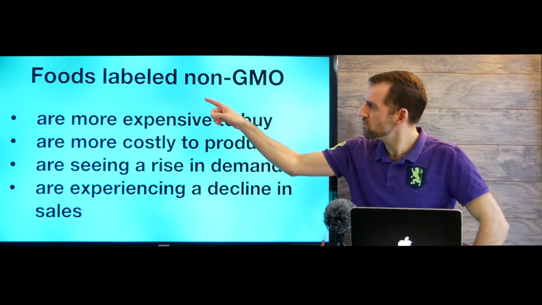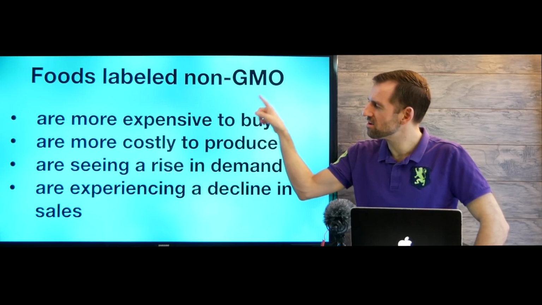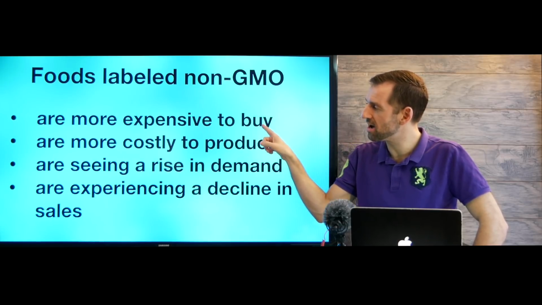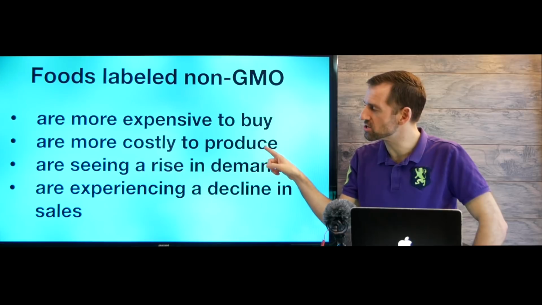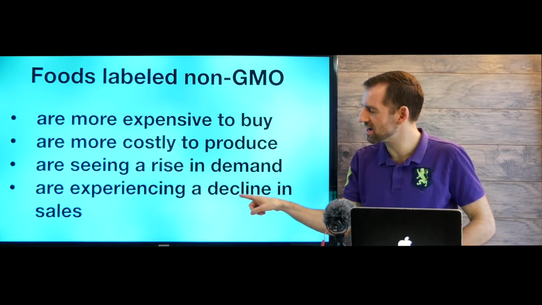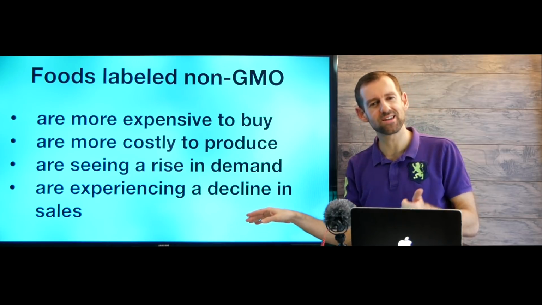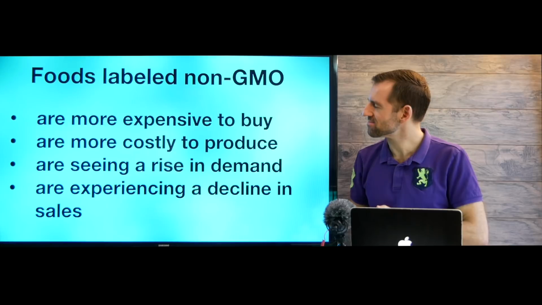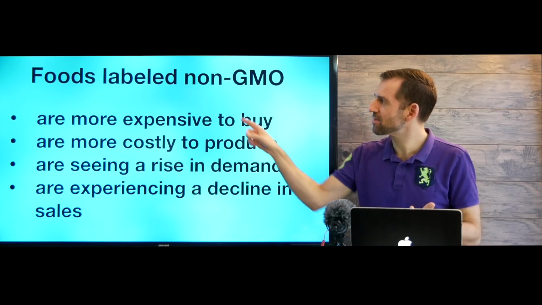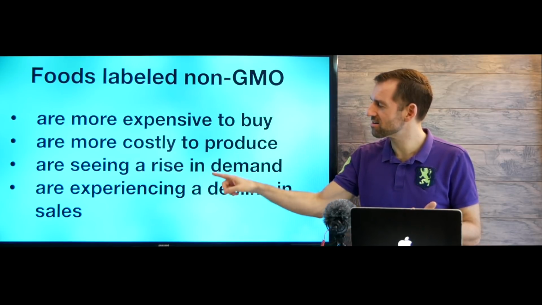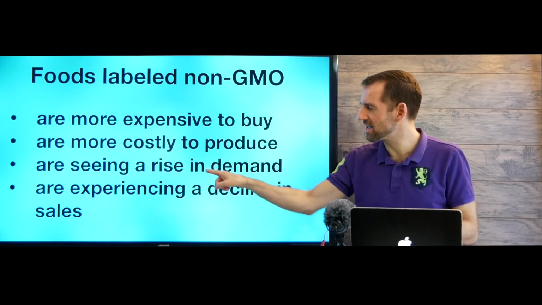Okay, foods labeled non-GMO are more expensive to buy, are more costly to produce, are seeing a rise in demand, are experiencing a decline in sales. Which one of these is right? Foods labeled non-GMO are seeing a rise in demand.